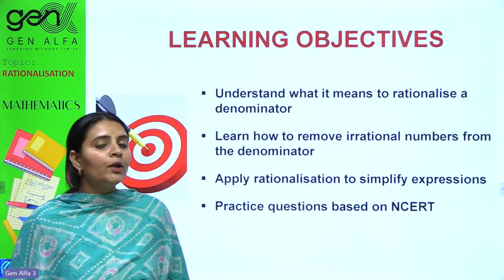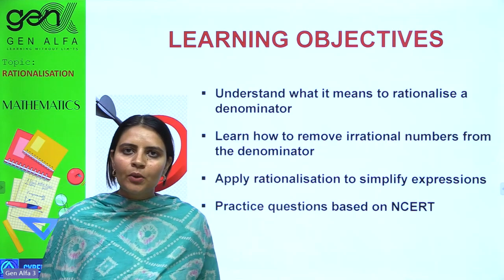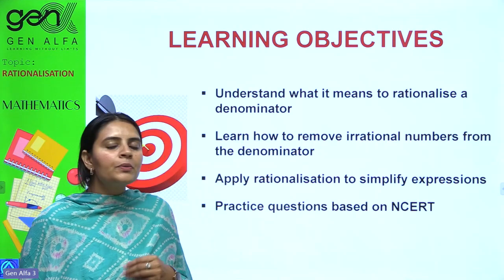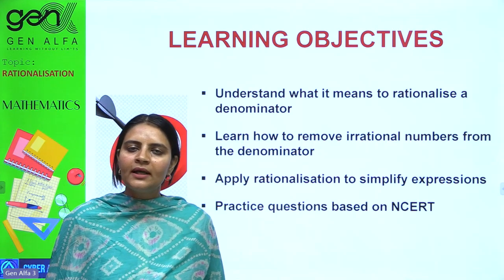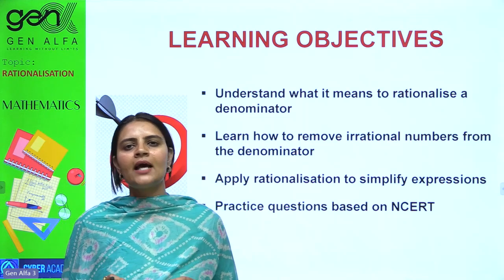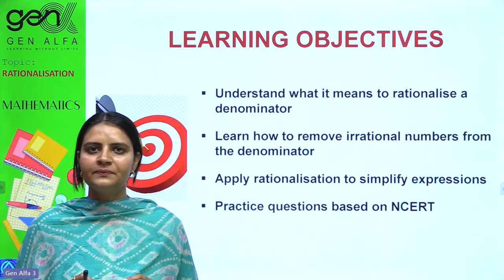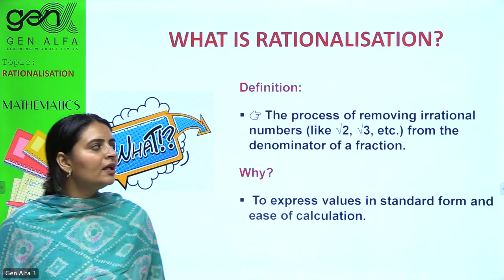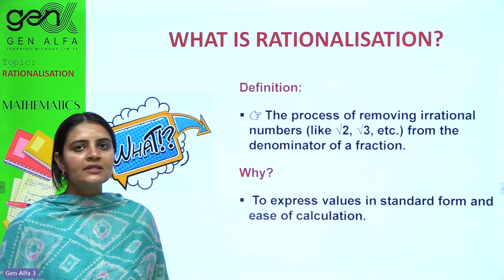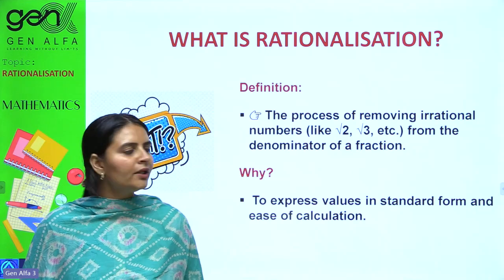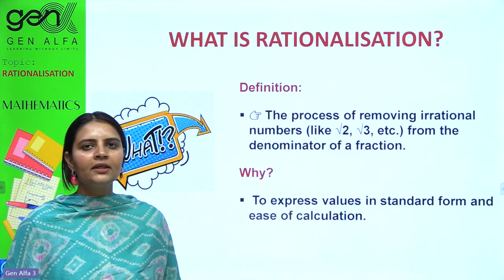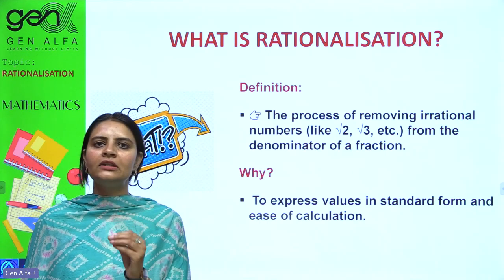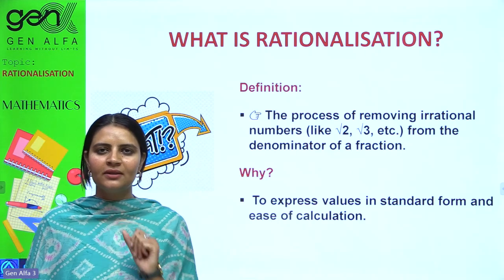So we will understand what it means to rationalize the denominator, how to remove irrational numbers from the denominator. Yes, we will just understand a foolproof method. The process of removing irrational numbers, root ones like under root 2, under root 3, etc. from the denominator of a fraction, that is the definition of rationalization.